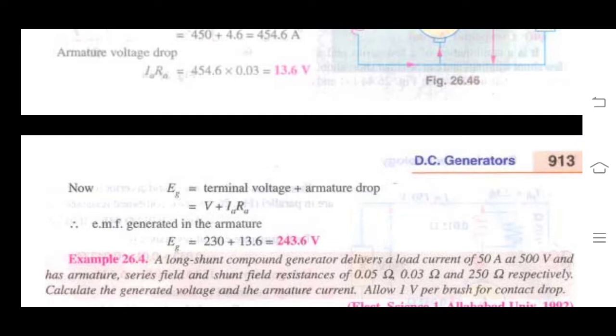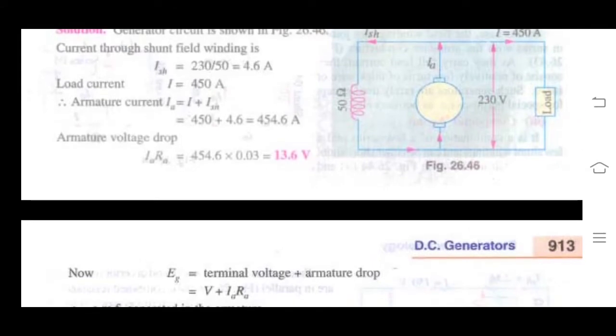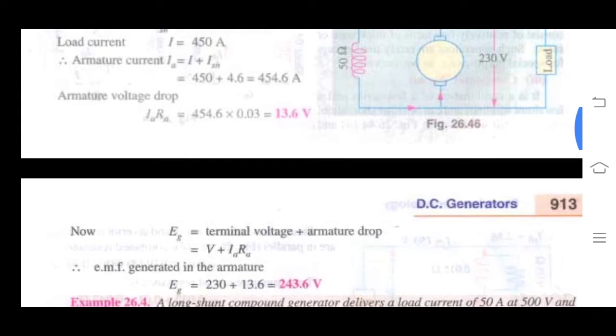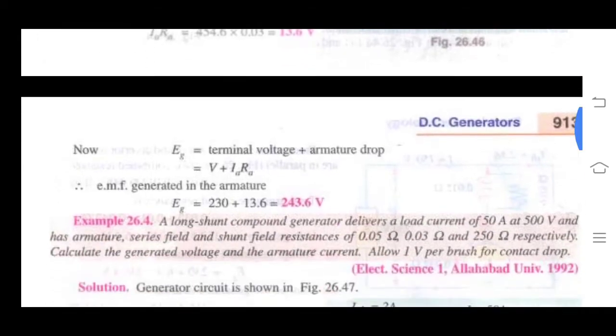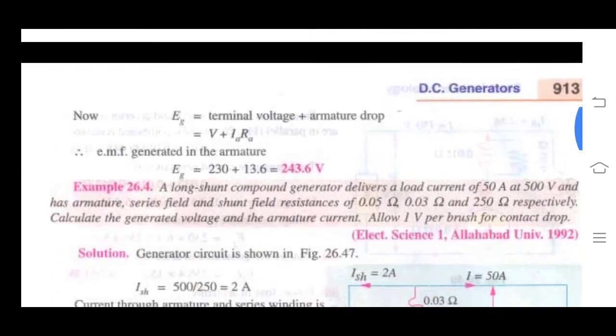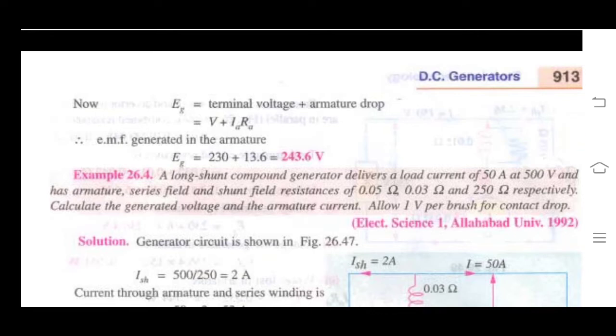Armature voltage drop equal to IA RA, that is armature current into armature resistance. So we can say that the armature drop is 13.6 volts. EG is the terminal voltage plus armature drop, V plus IA RA.